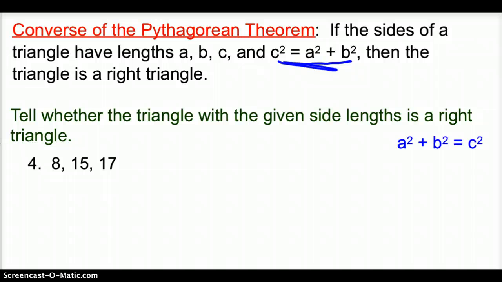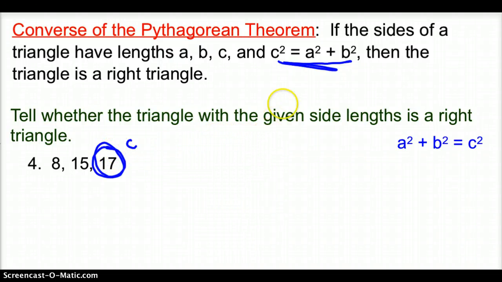When they give you just three lengths, the longest side is your hypotenuse. We have to make sure that the longest side is your hypotenuse. That goes in for c. The other two smaller numbers, it doesn't matter. They can go in for a or b, but we have to know what our hypotenuse is, and it has to go in for c.